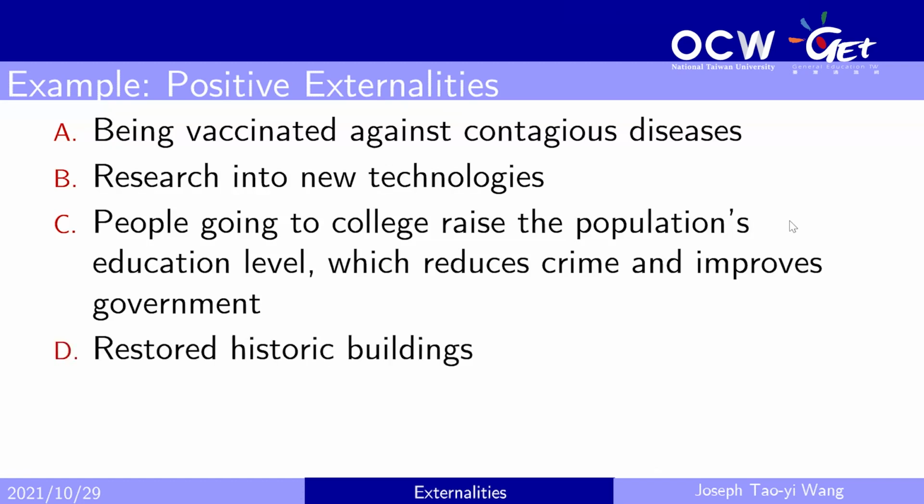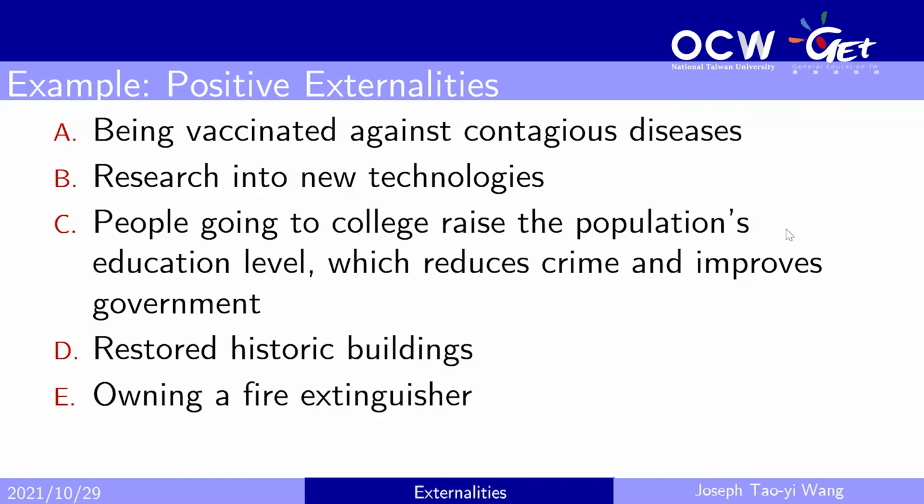NTU actually owns a lot of historical buildings, and it's always a problem that you don't have the money to restore them. But if you restore a historical building, you are creating positive externalities because once this historical building is restored, not only you will be happy about that or can enjoy this historical building, but all the visitors can also enjoy this historical building.